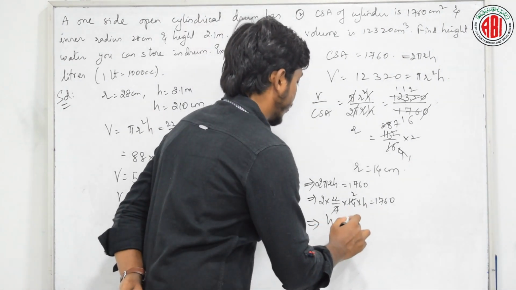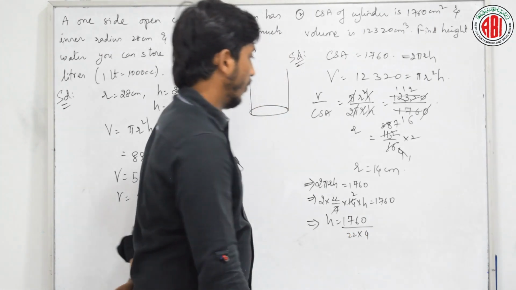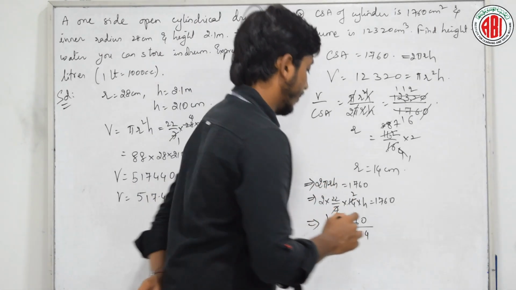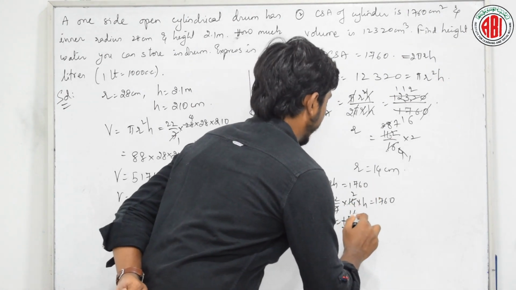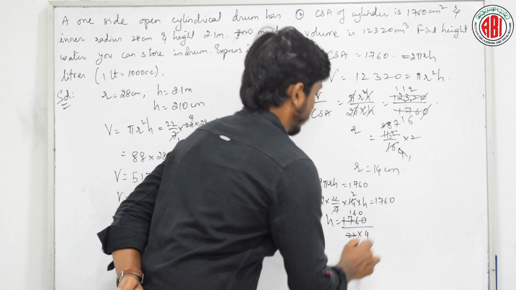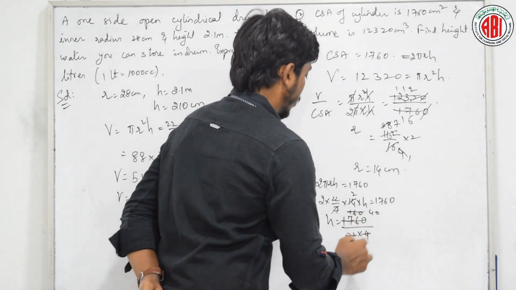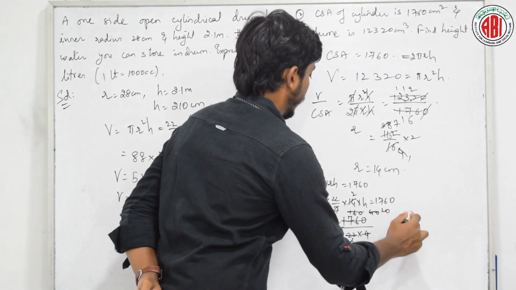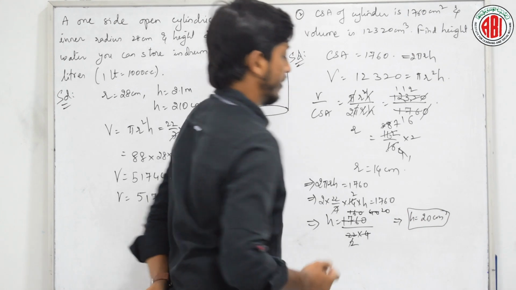Therefore H is 1760 divided by 22 into 4. Can I cancel with 11 table? Yes, right. 11 160s and 11 twos are. 4 ones are 4, 4 fours are 16, 2 ones are 2, 2 twos are 4. Therefore, the value of H is 20 centimeter.